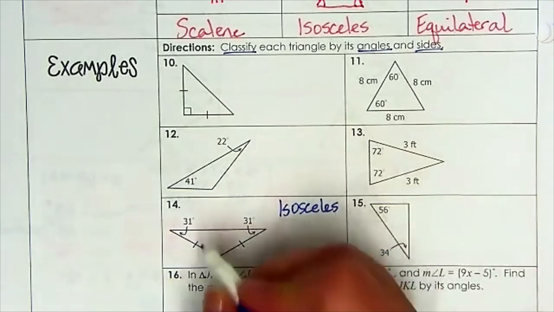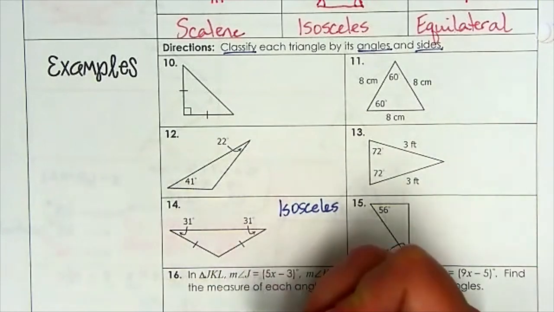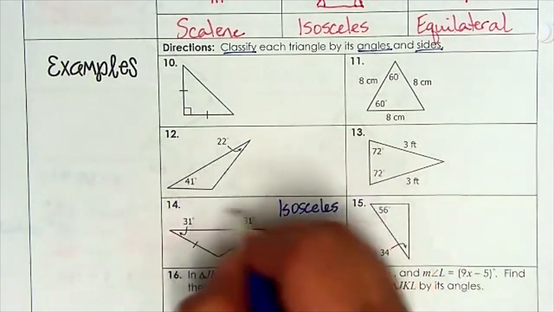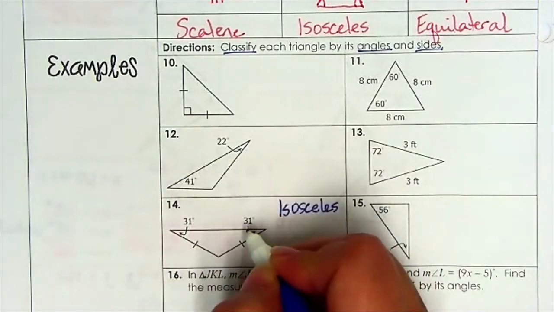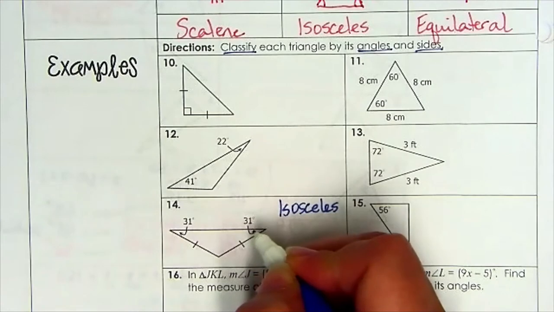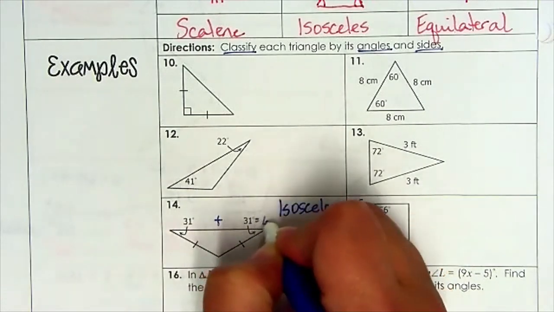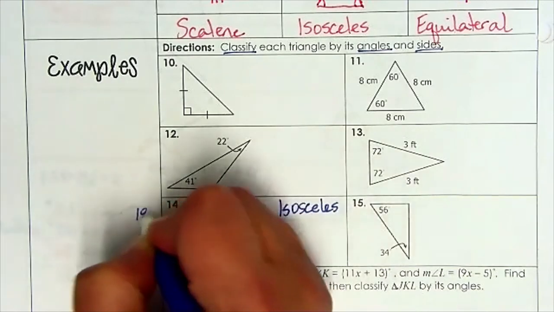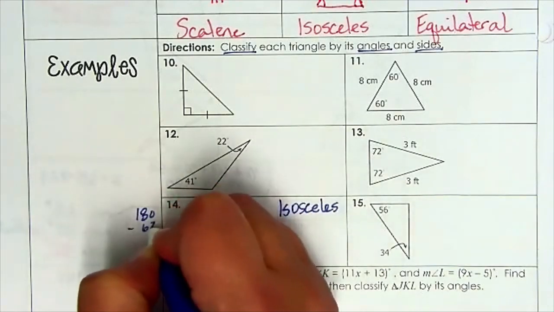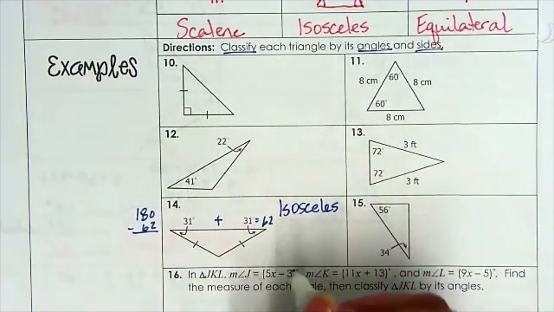But now I'm not sure about the measure for this angle right here. So that's where I'm going to have to do a little calculation. I know all of them add up to 180. And I know if I add those two, that's going to give me 62. So I'm going to do 180 minus 62. That's only because my goal right here is to classify, not to find the missing measure.